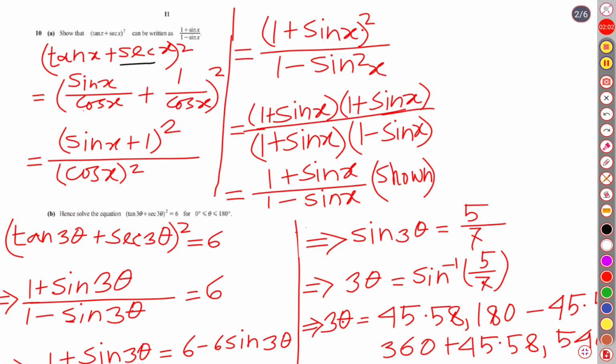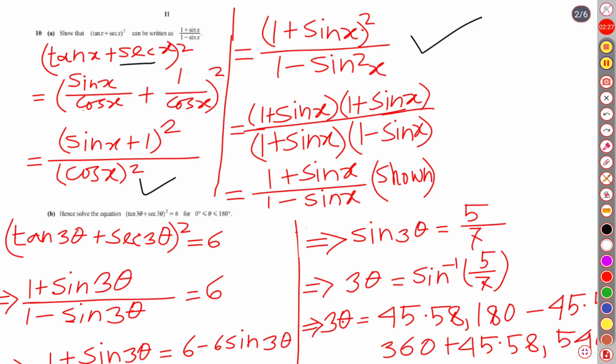The denominators, cos and cos, are the same, so we have written the same denominator. Then doing the LCM, we get (sin x plus 1) whole square. Then in the next step, (sin x plus 1) whole square we have left unchanged, as (1 plus sin x) whole squared, and individually we have written the square.